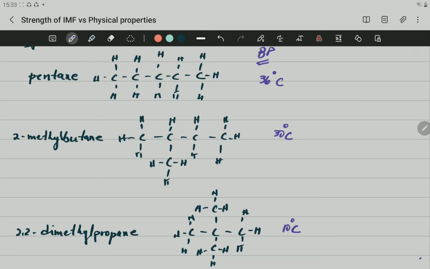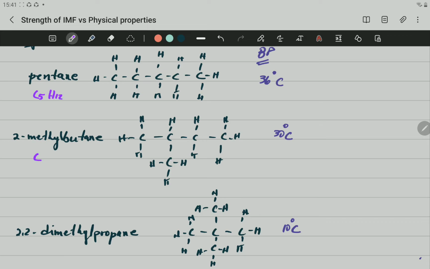Okay, in this example we have three compounds. These are organic compounds. We are not going to be doing this, but you need to know what is happening still, okay? So we have some substance called pentane. We have a second one called... So here we have those three compounds and the boiling point of each of them. Now, note the following important thing here. All of the compounds will have 5 carbons and 12 hydrogens.